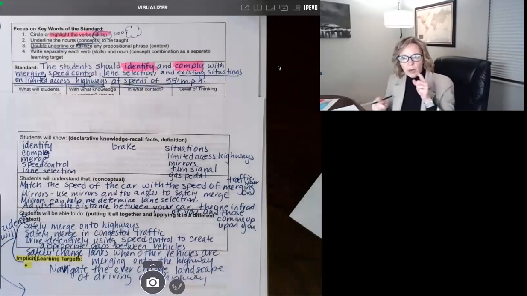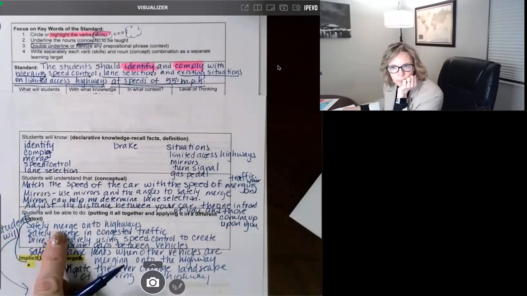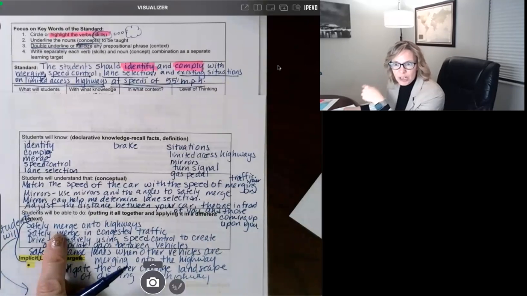As the driver. So do you see what I'm doing? I'm looking at each implicit learning target. And then I'm thinking, what goes on in my head for me to do that? That students need to understand. What are those relationships?